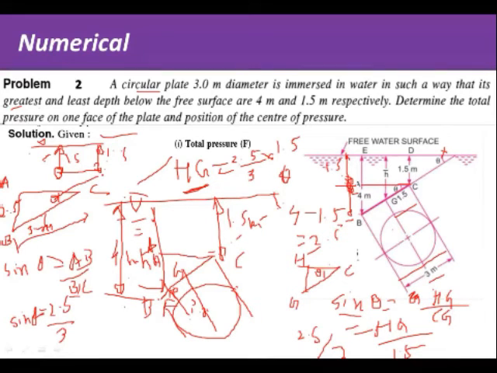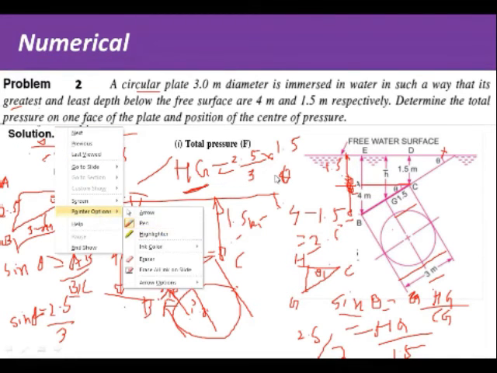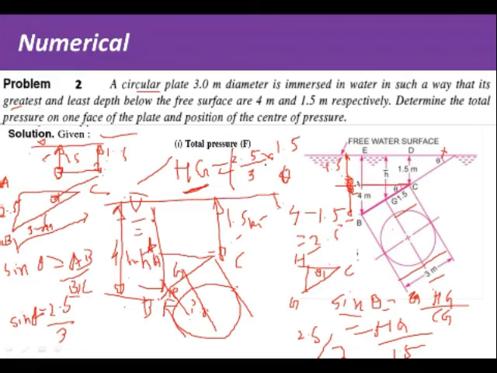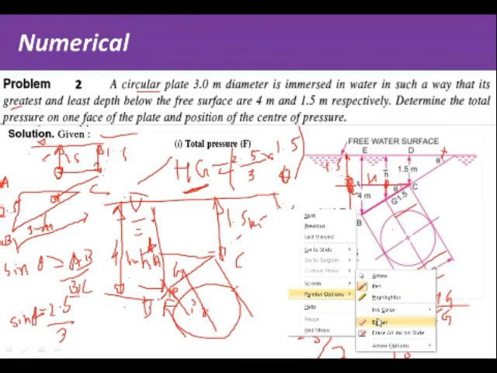So everyone, find out the value of HG. Did you understand how we found HG? 2.5 into 1.5 divided by 3. This point is H, H to G. So everyone, find out this value, HG.